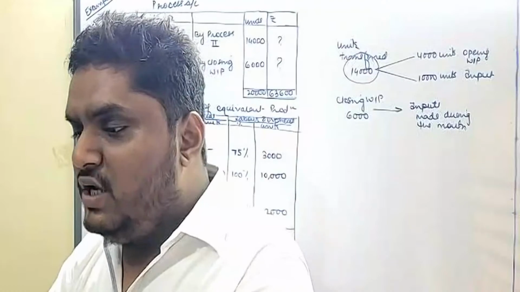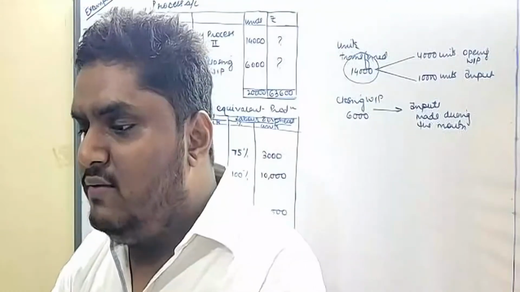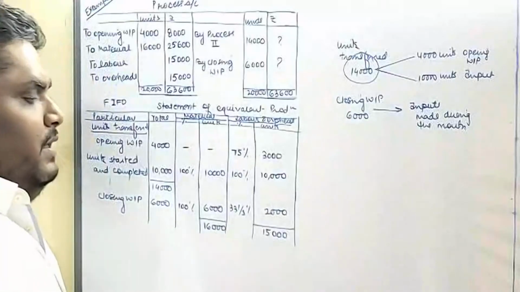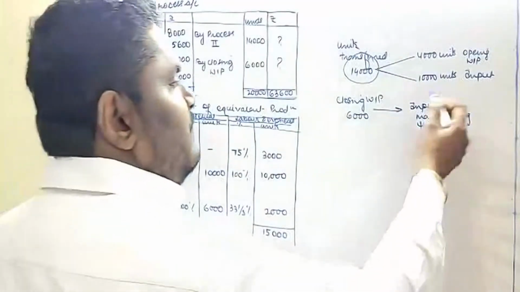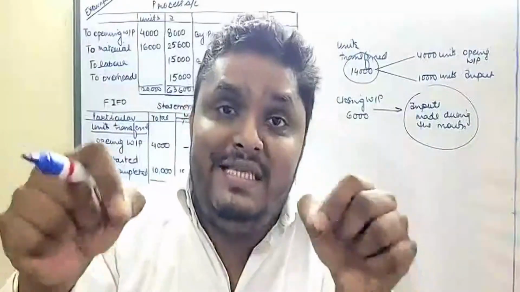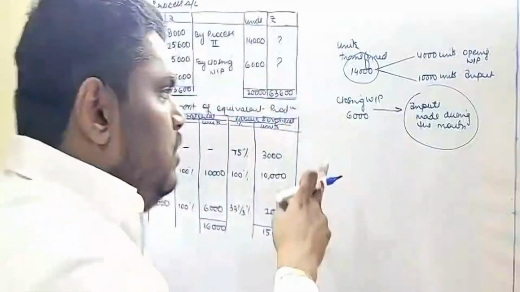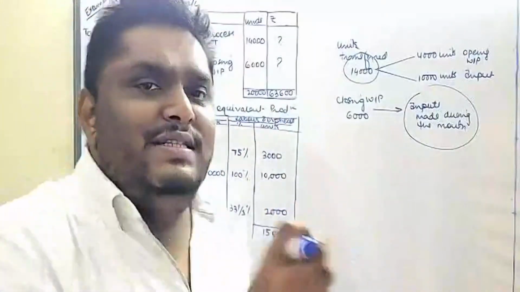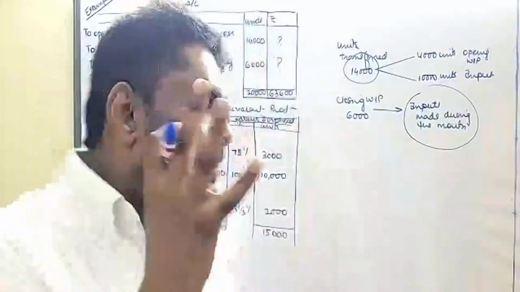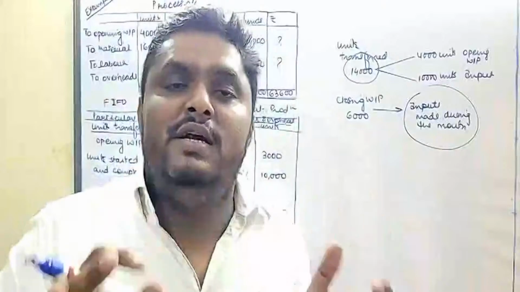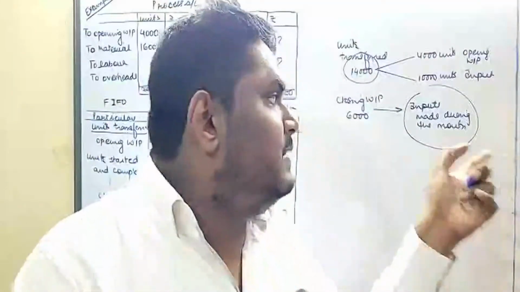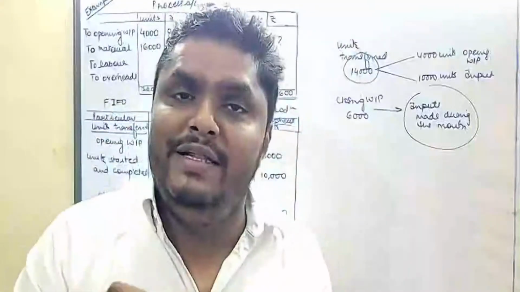Okay, Shreya Shah, sir, can you please explain once again the closing work in progress? So when talking about closing work in progress, these 6,000 units are transferred from the inputs that are made during the year. That means we introduced the raw material in this month itself. It is given in the question that when talking about these 6,000 units, the material is 100%. The material is thrown into the process 100%. That means we have put in the entire material, but how much of the labor and overhead work is complete? 33.33%.